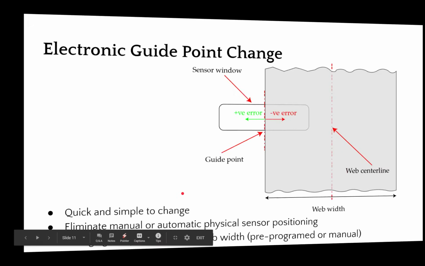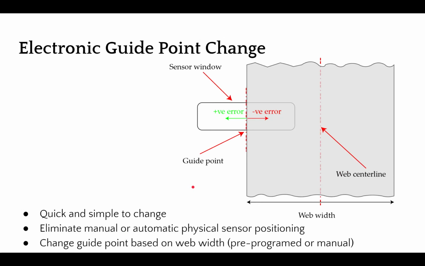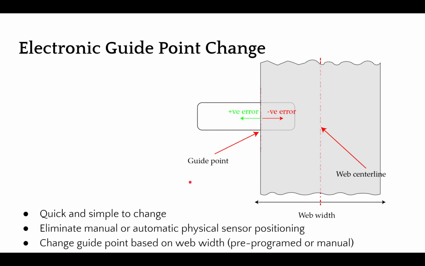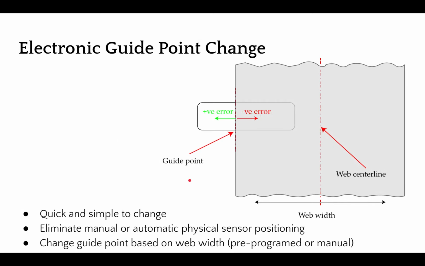And we can actually electronically move the guide point in such a way that if the web width changes, we can move the guide point instead of moving the sensor. Now this is an example where the web width reduced, so we moved the guide point.